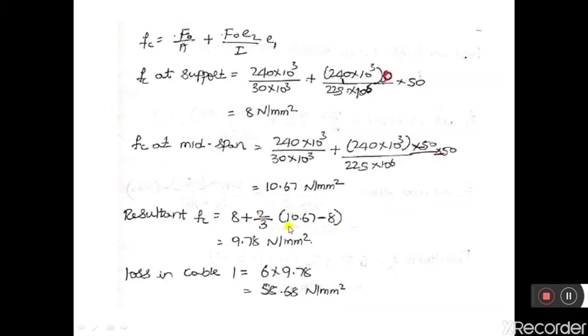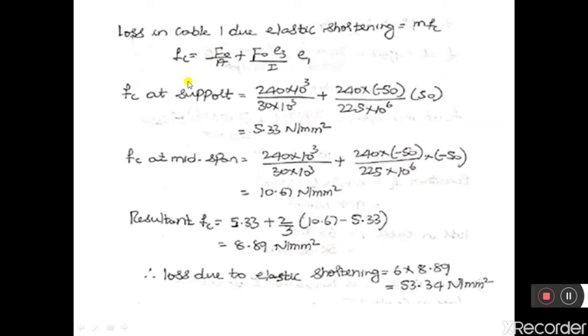So the resultant compressive stress in concrete is equal to 9.78. Considering this and this, as we have done in the previous problem, same equation, we will get the resultant force. So the resultant compressive stress in concrete is equal to 9.78 Newton per mm square. Therefore loss in cable 2 when cable 3 is pulled and anchored is M is 6 and FC is 9.78. That gives 58.68 Newton per mm square.